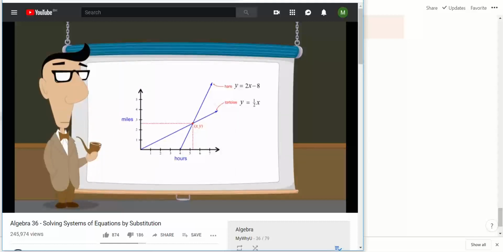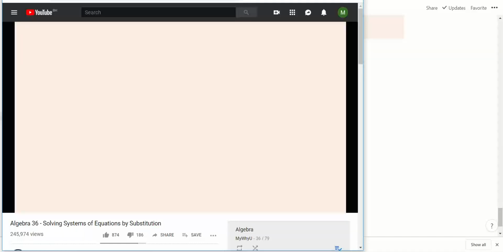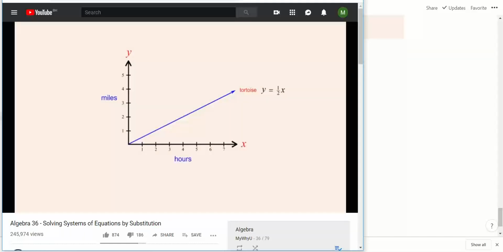There are several different mathematical methods which can be used to find the points of intersection of two graphs. In this lecture, we will demonstrate a method called substitution. We know that the coordinates of any point on an equation's graph represent one possible solution to the equation. So the set of all points which make up the graph represents every possible solution to the equation.